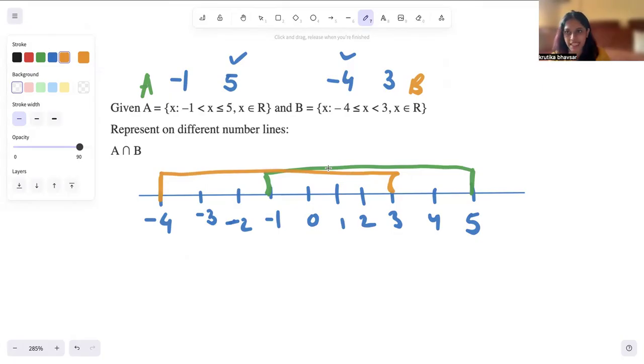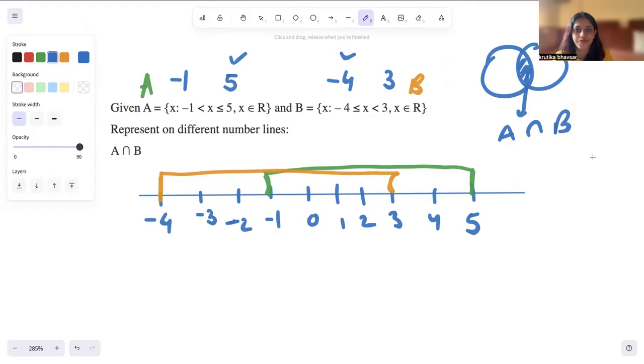And this is actually what we have for A and B. Very quick, very easy on one number line, right? And now we need to understand what is A intersection B. What is intersection? Such values that are both in A as well as in B. What values are in both A and B? Something where green and yellow lines collide, right? So somewhere from here to here, there is an intersection.